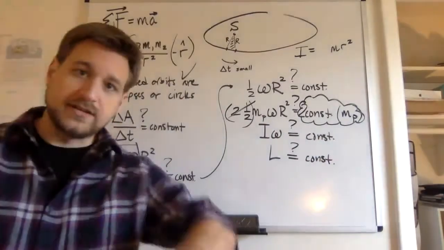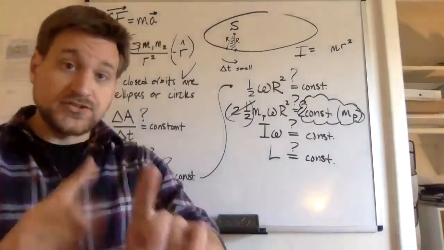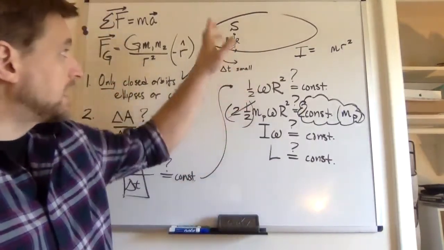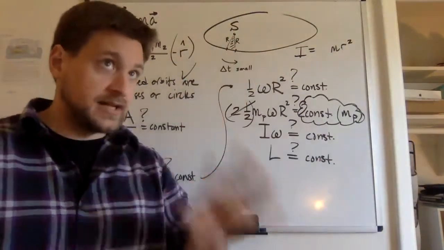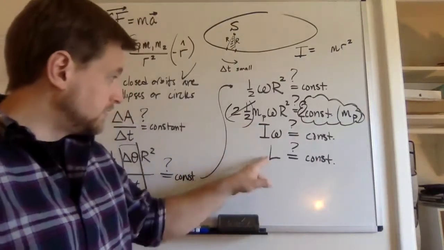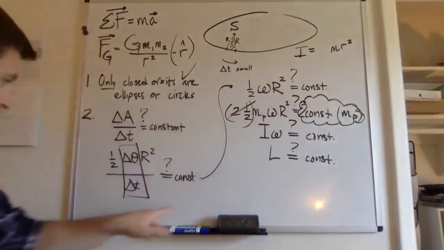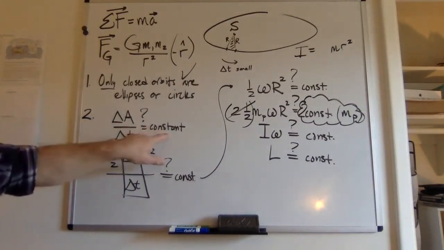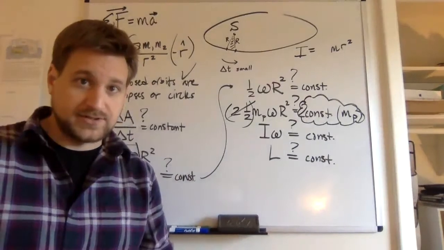So let me nutshell this before we go further. If we can show that the angular momentum L of a planet is constant, then we can show that the rate of area per time is also constant, and that's Kepler's second law.